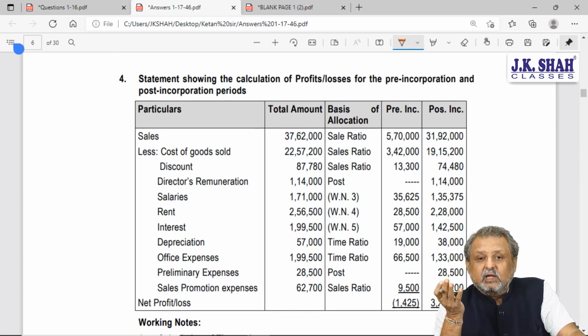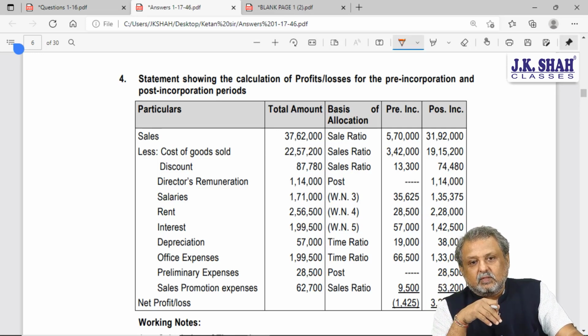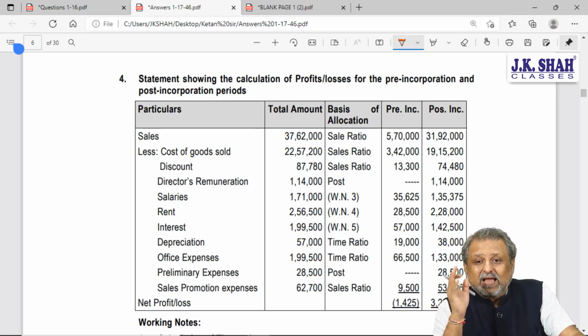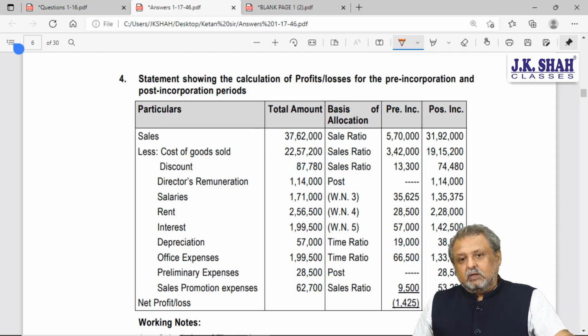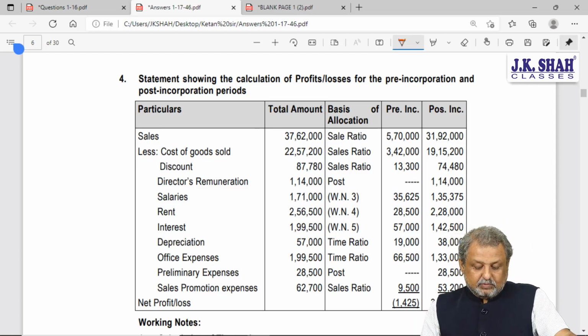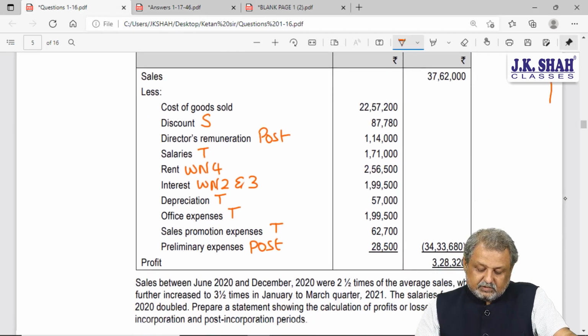We are looking at whose profit will reduce. The question is which profit should reduce. So preliminary expense cash is paid before incorporation, but it will reduce profit of post period. So please be careful about that. Now, that is as far as profit prior is concerned.